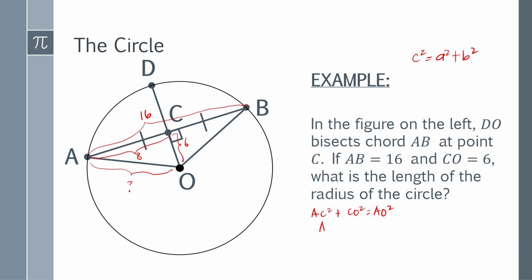Therefore, AO squared is equal to 8 squared plus 6 squared. 8 squared is 64, 6 squared is 36, and 64 plus 36 is equal to 100. I want AO only, so take the square root of both sides. AO is equal to 10. So the length of the radius is 10. Did you get it? If you got this correctly, then you're great. Great job to you.